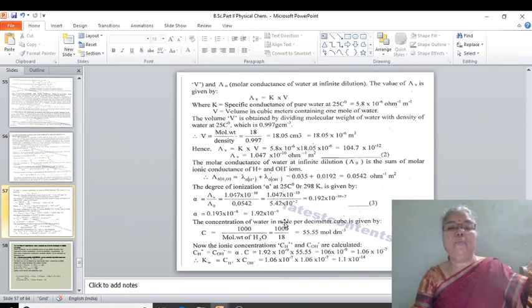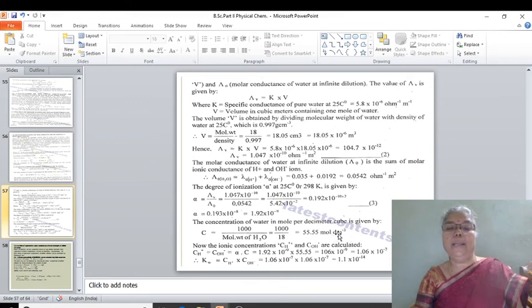Again, we can find the concentration of water in mole per decimeter cube. It is given by C equal to 1000 divided by molecular weight, and the molecular weight, as all of you know, is 18, and this ratio becomes equal to 55.55 mole per dm cube.